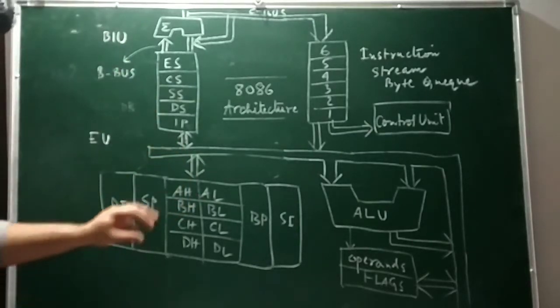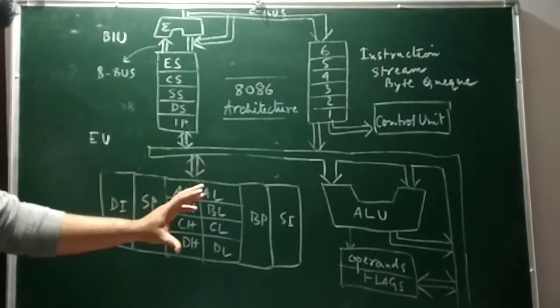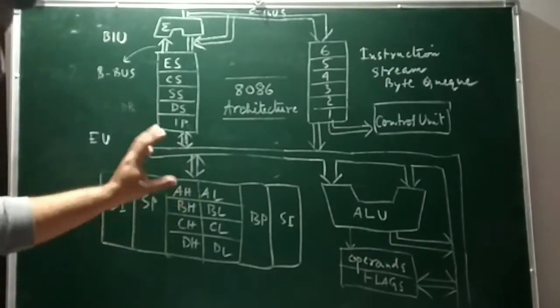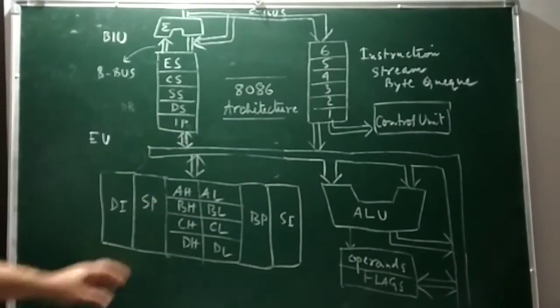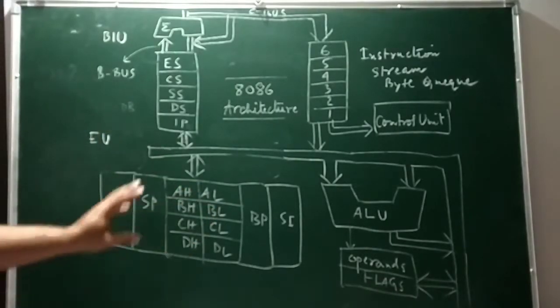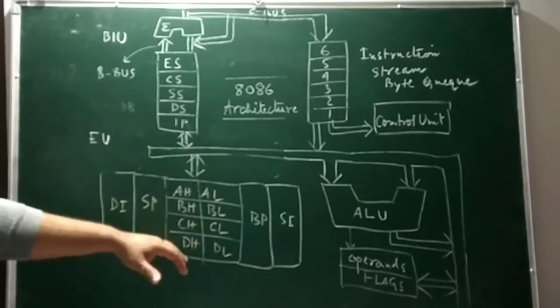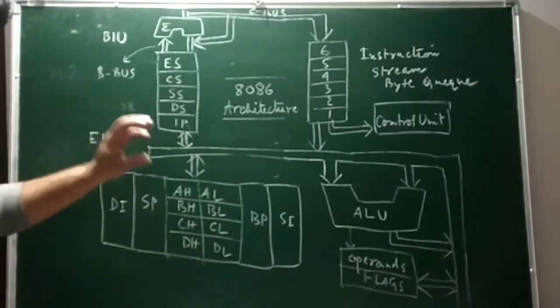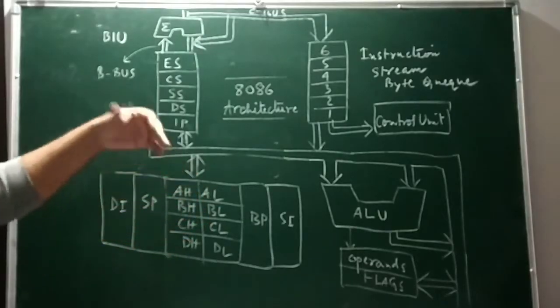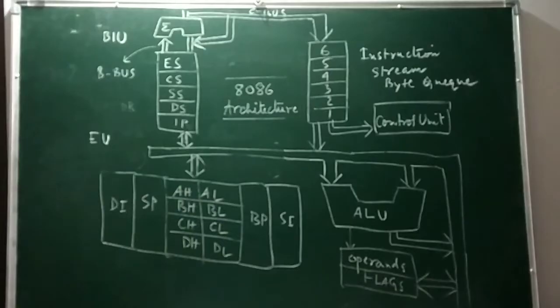Fine. So the register BX is basically used as offset storage for forming the physical address in case of certain addressing modes. The register CX is used as the default counter in case of string and loop instructions.